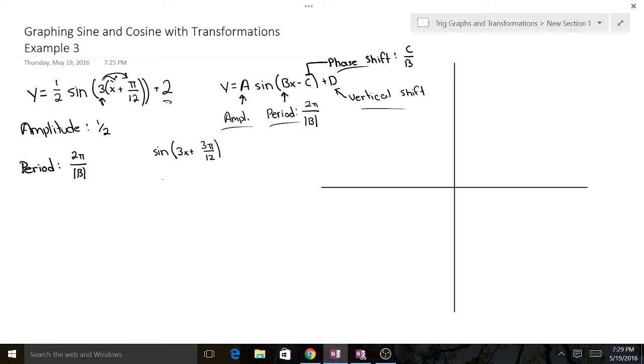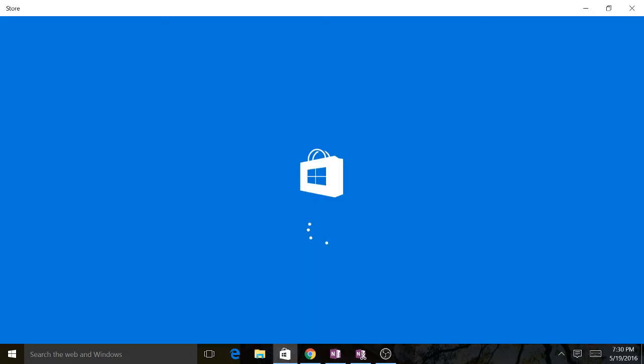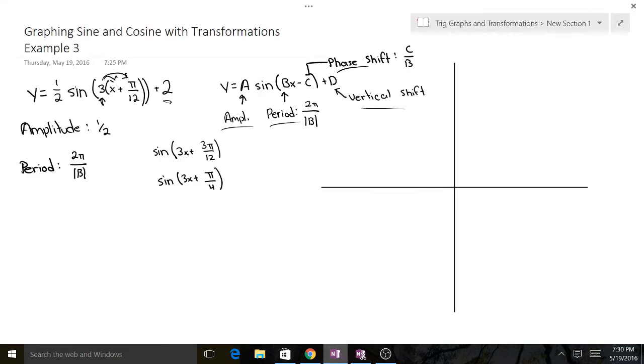We can simplify that to sine of 3x plus pi over 4. So 2 pi over b: our b value is whatever's in front of the x, which in this case is 3. So we've got a period of 2 pi divided by 3.